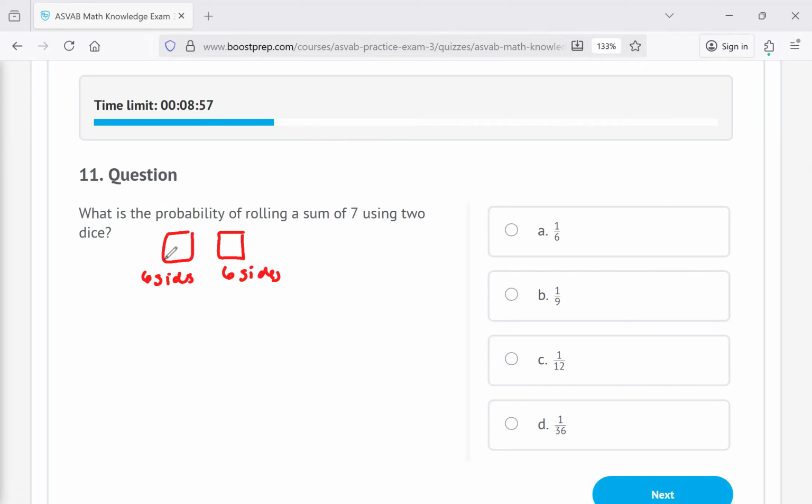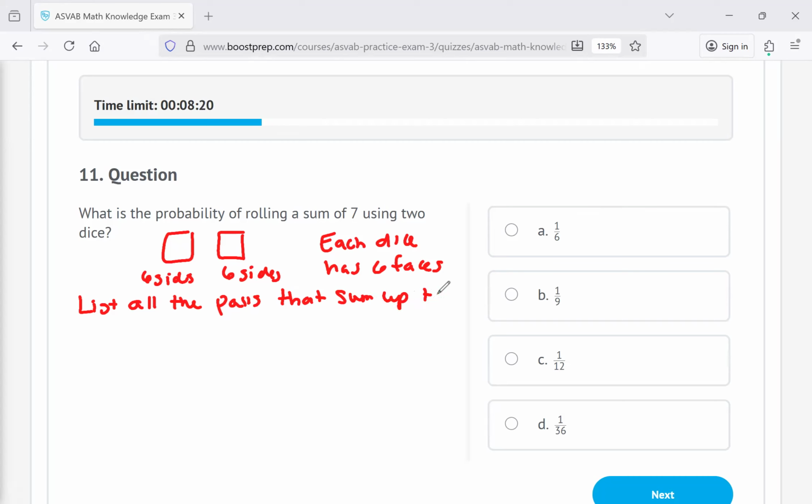So what is the probability of rolling a sum of 7? What you're going to do is list all the pairs that sum up to 7.